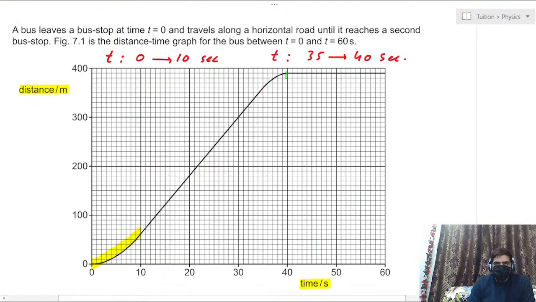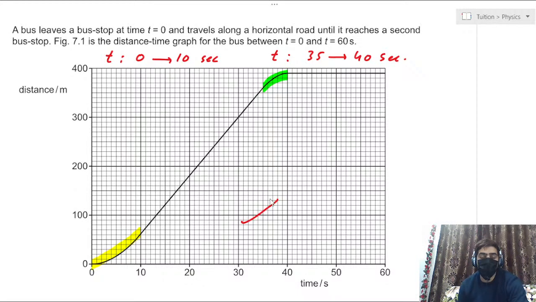This is 35 to 40. Whenever you get an upward curve like this in a speed time graph or in a distance time graph, that upward curve represents increasing speed or acceleration, right?